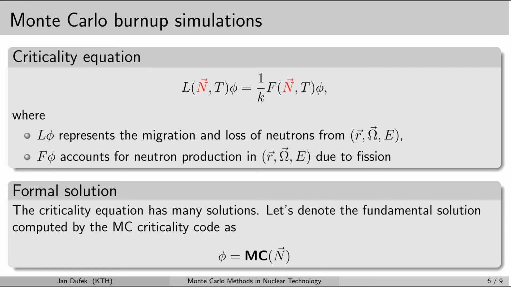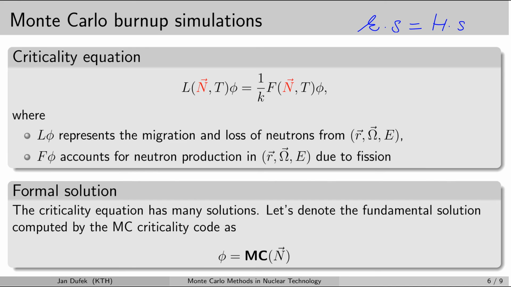Now, just for curiosity, I included here the criticality equation. We have seen the criticality equation for the fission source distribution. You may recall it, we have written it as the multiplication factor times the source is equal to the fission matrix times the source.